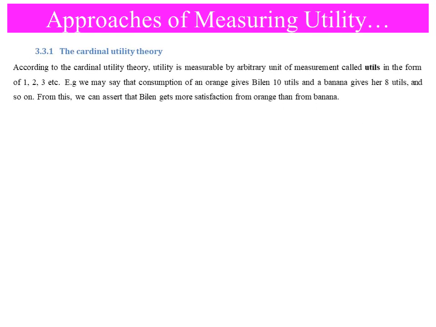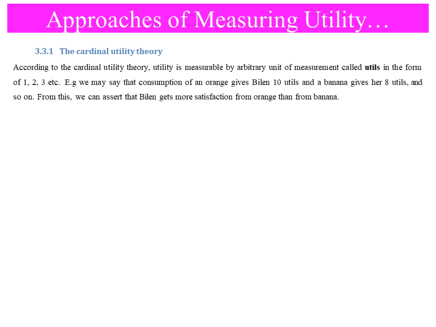The cardinal utility theory. According to the cardinal utility theory, utility is measurable by arbitrary units of measurement called utilities, in the form of 1, 2, 3, utils. For example, we may say that consumption of an orange gives Billion 10 utilities and a banana gives her 8 utilities.